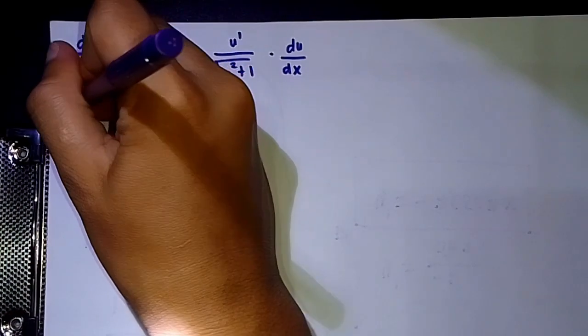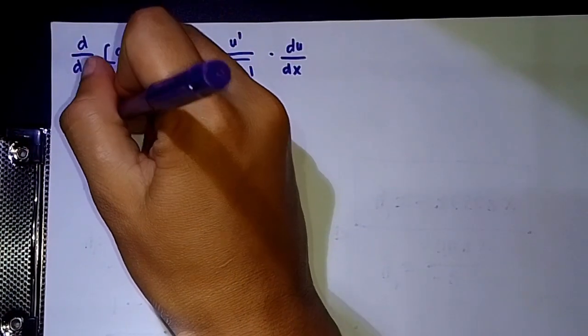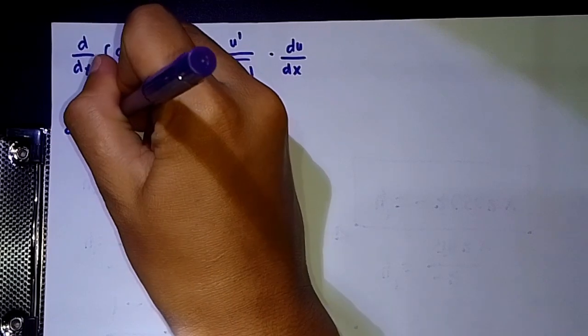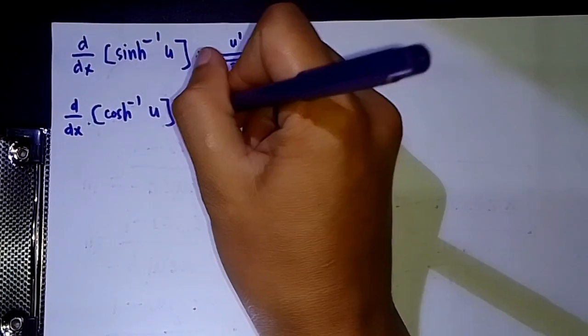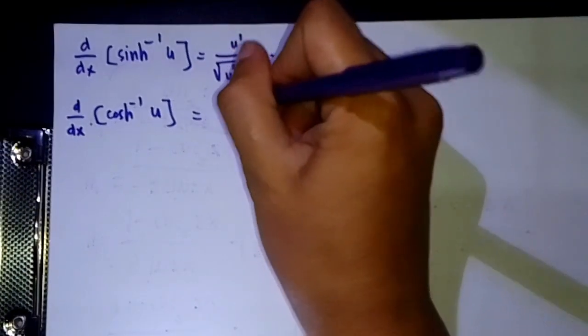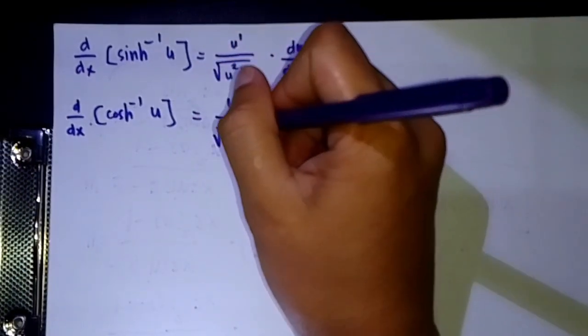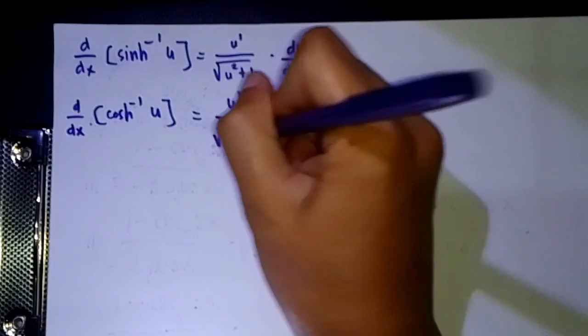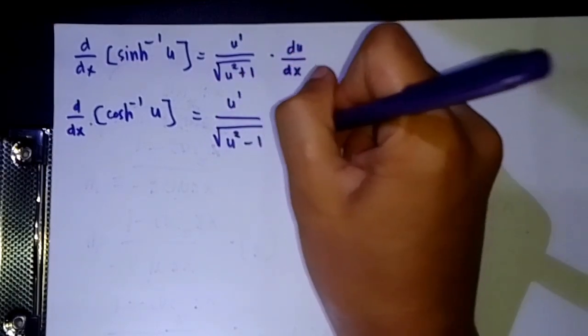The derivative of the inverse hyperbolic cosine function of u is equal to u prime over the square root of u squared minus 1, times du over dx.